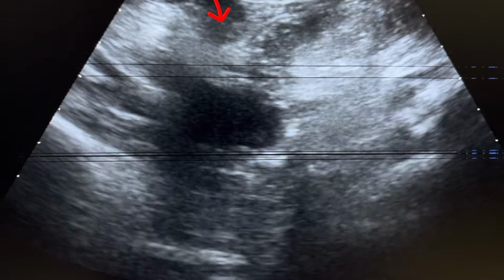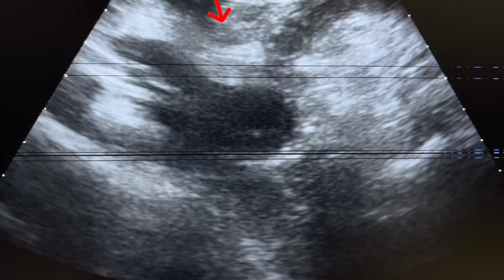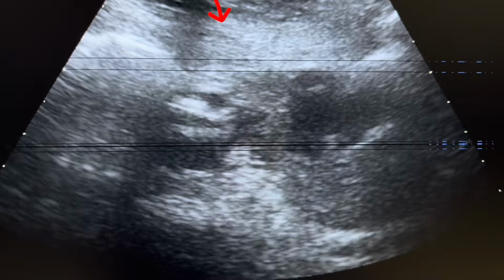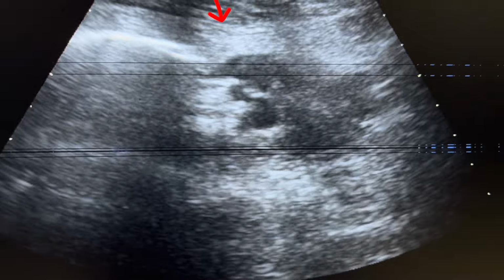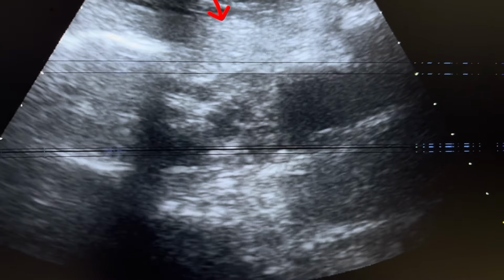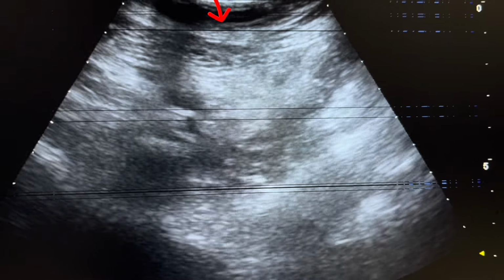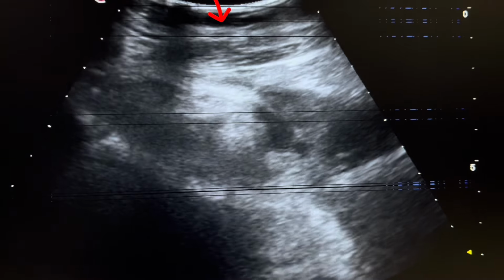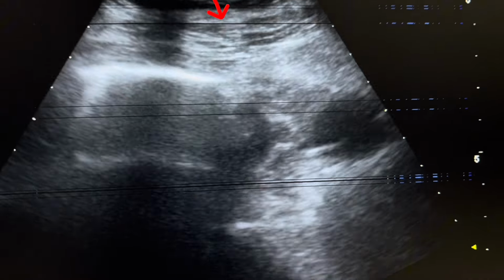Now again, using the convex probe, we will scan the pelvis to see any collection or fluid. There is no collection or fluid present in the pelvis. Now we will see how to write the report.